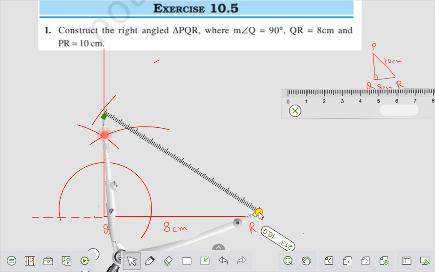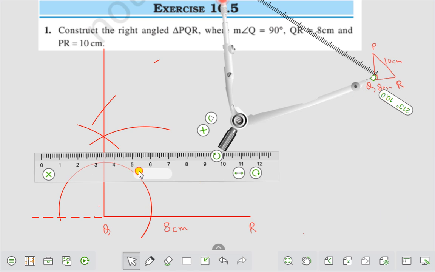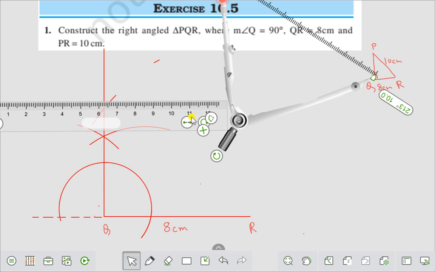Now join this point R and this point, right? Now with the help of the ruler, join this point.